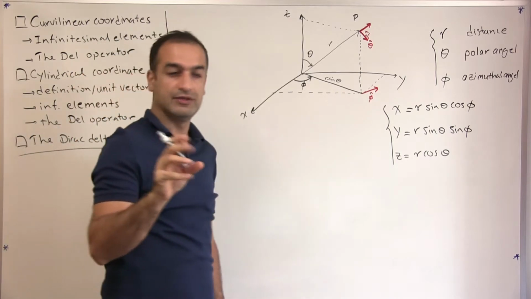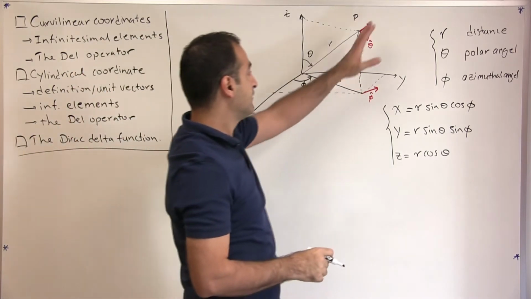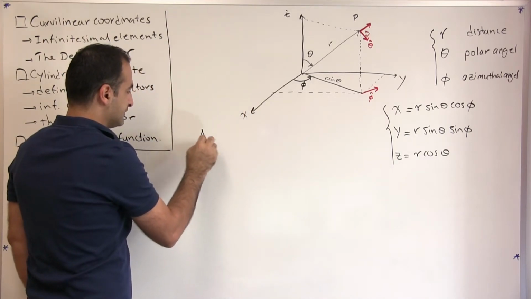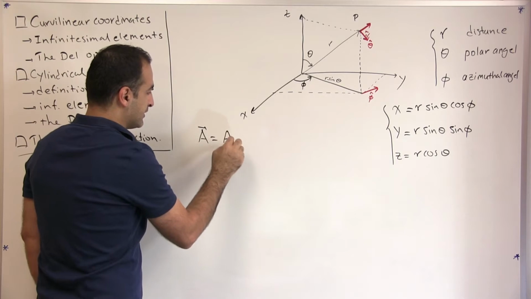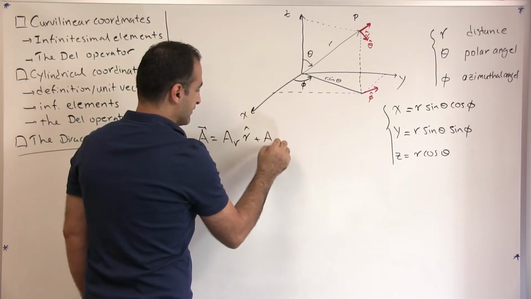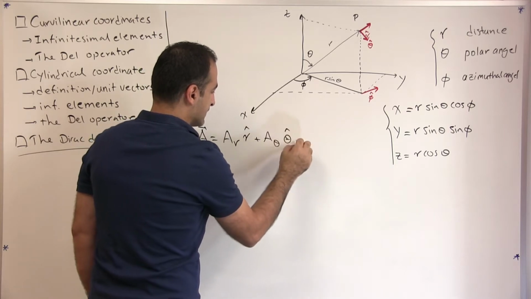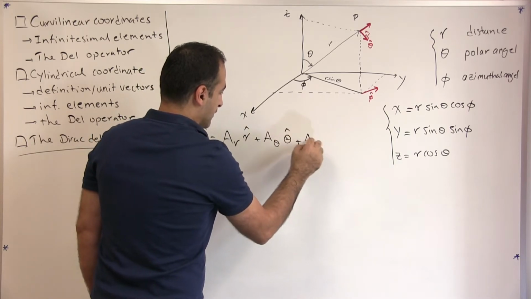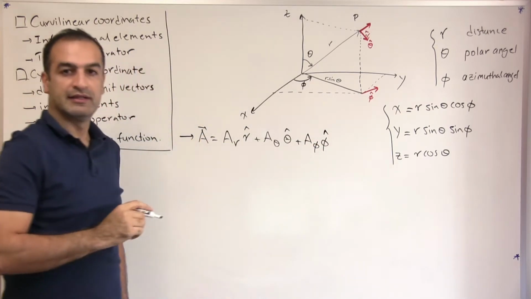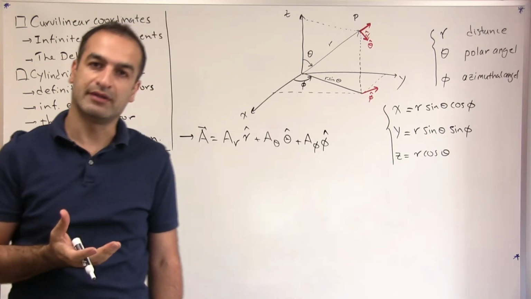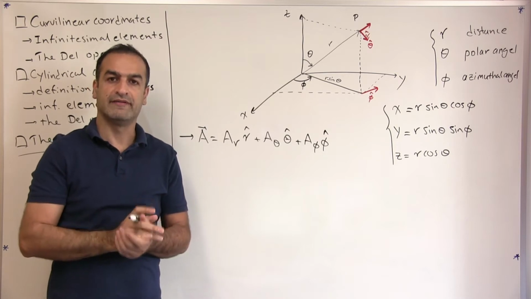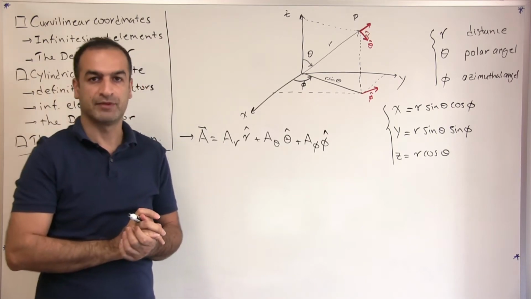So with this set of r hat, theta hat, and phi hat, any vector like A can be broken down into three components: the r component times r hat plus a theta component times theta hat plus a phi component times phi hat, okay? This is something we used to do in Cartesian coordinates as well, breaking down any vector into components and doing a lot of vector analysis using the components.